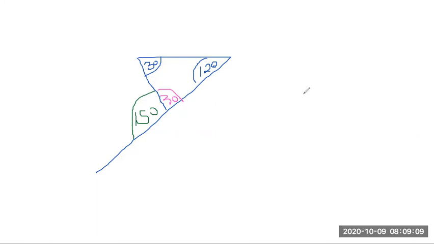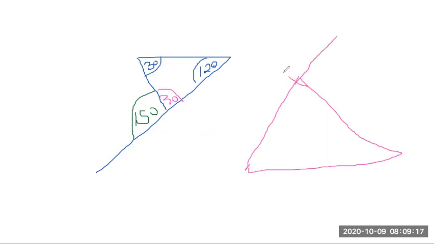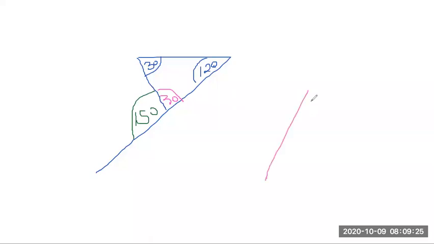We can also look at something like this. We got a triangle like that. Let's just redo this. Not working out. Triangle. But we also have a vertical angle in this one, right?